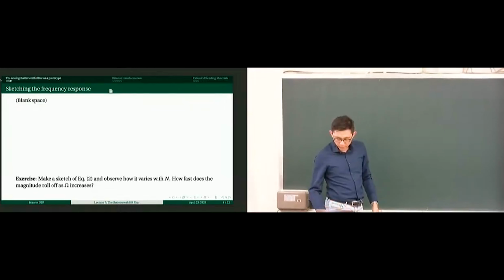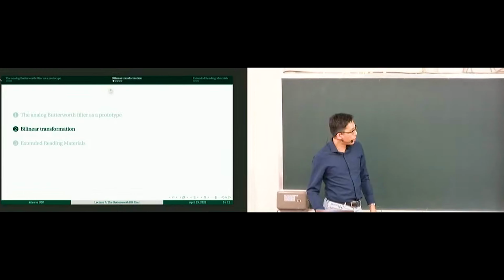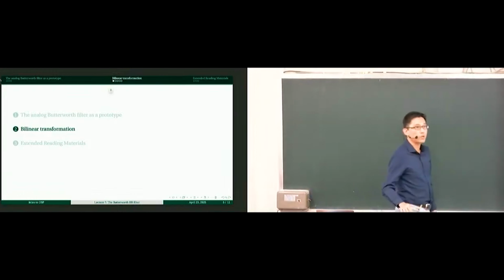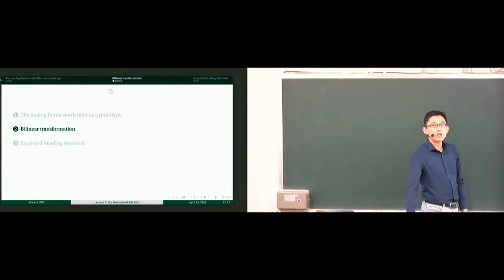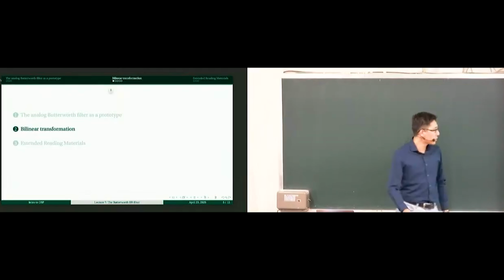So now we've done that sketch, and now the question is how do we make use of this prototype and transform it so that we have a digital filter? How to go from analog to digital? And the answer is using bilinear transformation. So let's take a look.